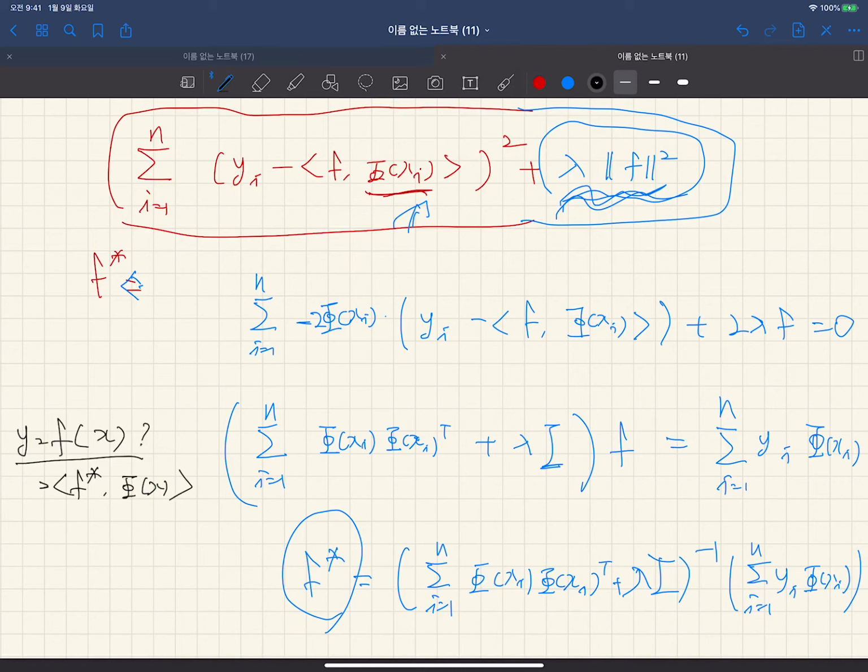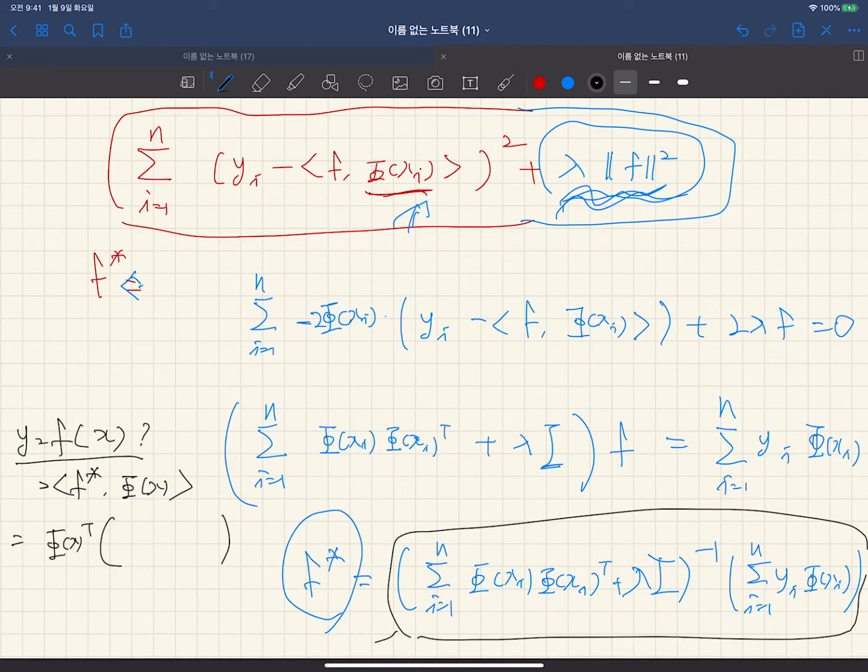So this is essentially equal to φ(x) transpose times this entire part. Good, so we have the kernel version of ridge regression, and this is very powerful.